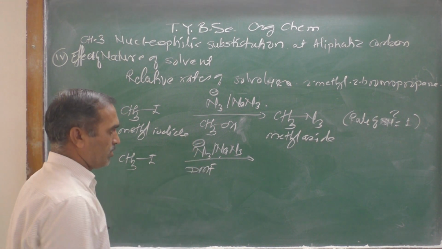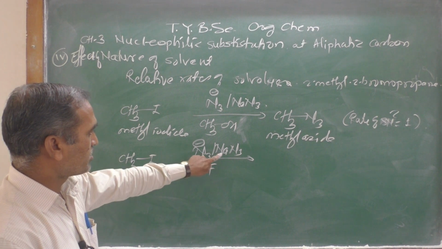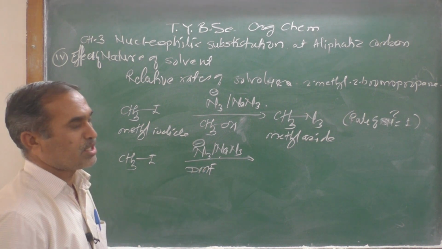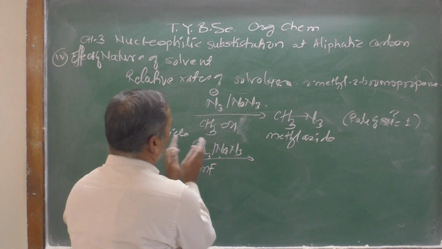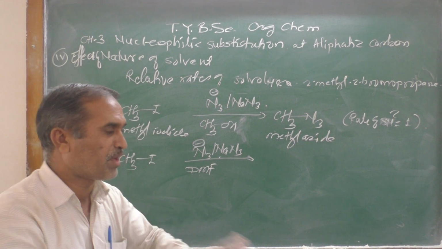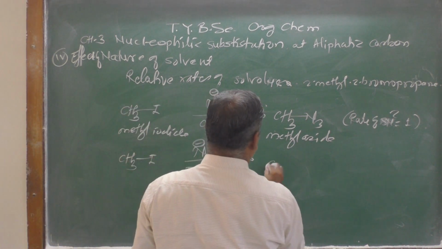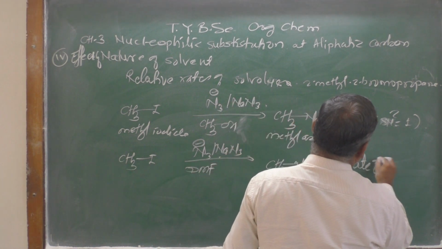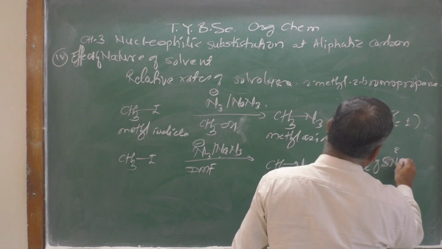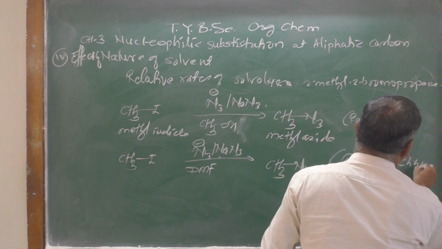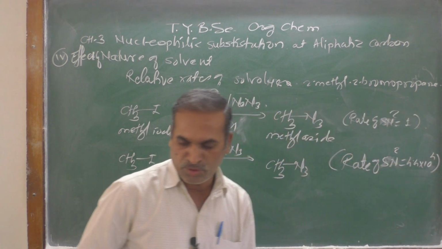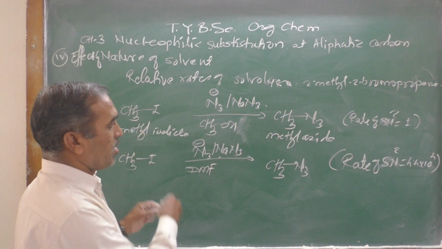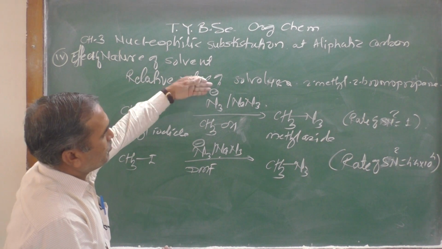The Na plus gets solvated by this aprotic solvent, and therefore this N3 minus becomes free to attack, and you are going to get methyl azide, where the rate of SN2 reaction is found to be 4.4 into 10 raised to 4. This much rate is tremendously or considerably increased as compared to this one.